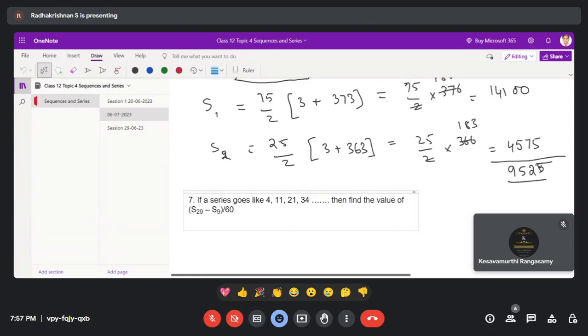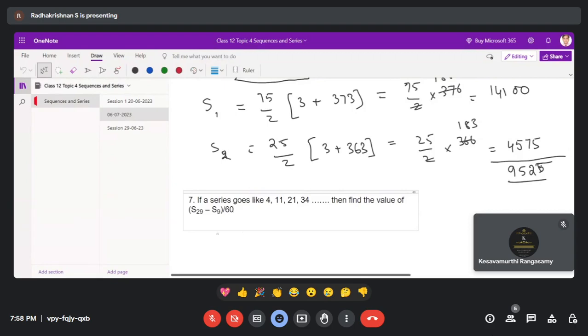So if the differences are in AP, then what method do we use? Sahana, we solved a similar problem. So you tell me what is the next step? Sir, we need to take the sum of the differences.